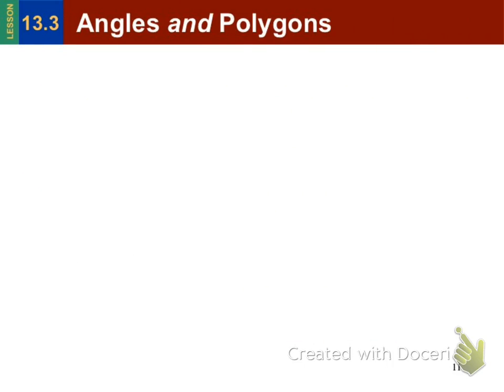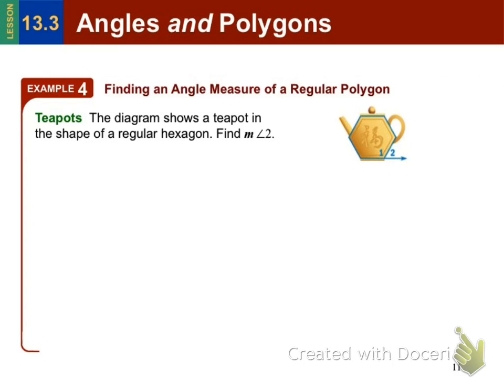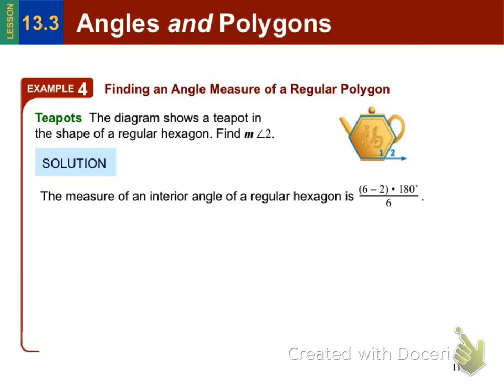Try another one. All right, it says the diagram shows a teapot in the shape of a regular hexagon and we want the measure of angle 2, but they haven't even given us the measure of angle 1. But they gave us enough information to calculate it. Because it is a hexagon, it is 6 sides, so we can use the formula n minus 2 times 180 divided by n, and it would look like that because n is equal to 6.